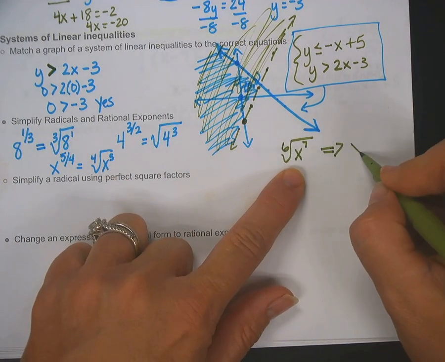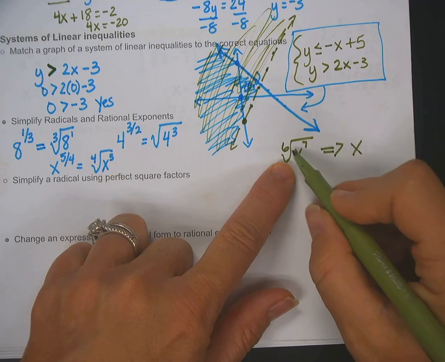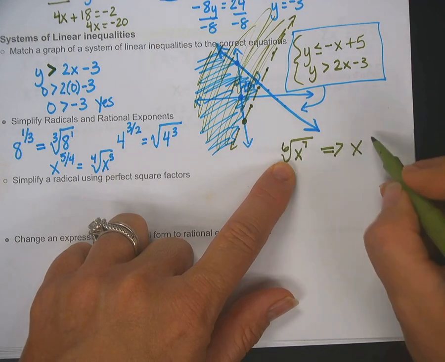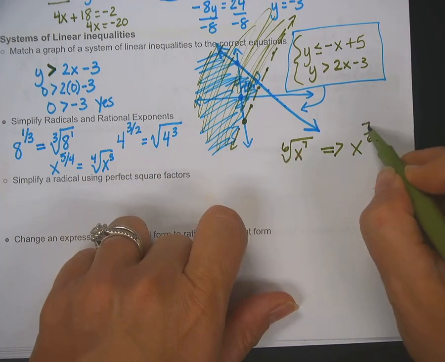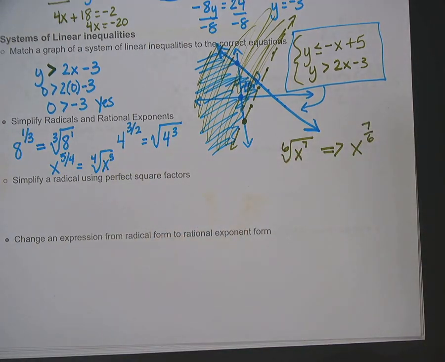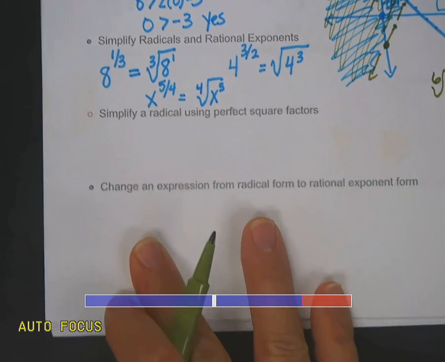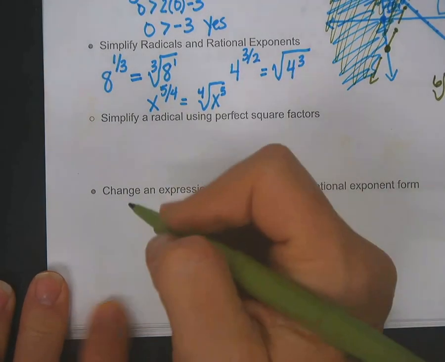So the base is x. The index of the root is the denominator, and this power is the numerator.